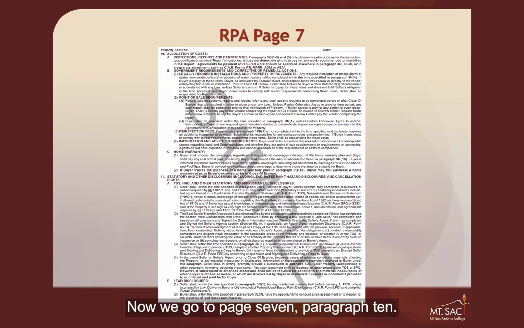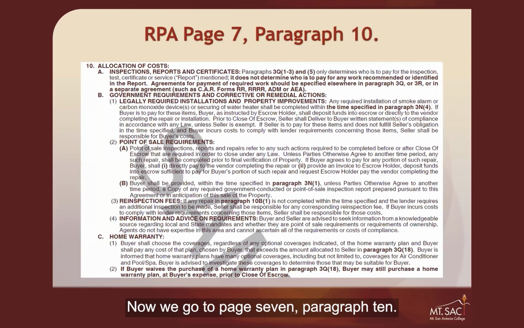Now we go to page 7, right? Paragraph 10. So allocation of costs, okay? That is all done mostly in 3Q, okay? For inspection reports and certificates, we have 3 and 4 for government required and corrective remedial actions.